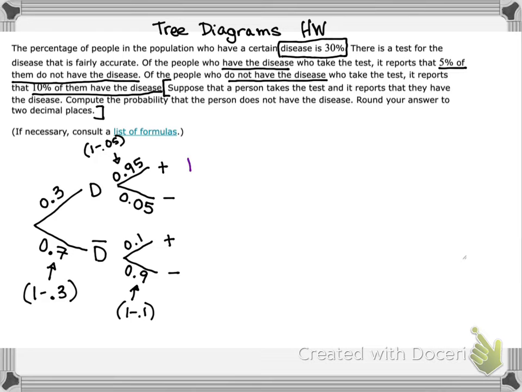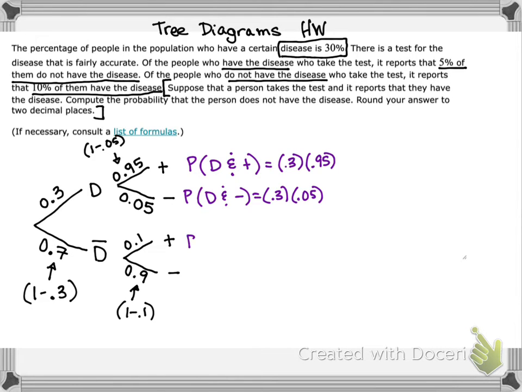The end of this branch says that this is the probability of someone who has the disease and tested positive. That would be 0.3 times 0.95. This is someone who has the disease and tested negative, which is 0.3 times 0.05.